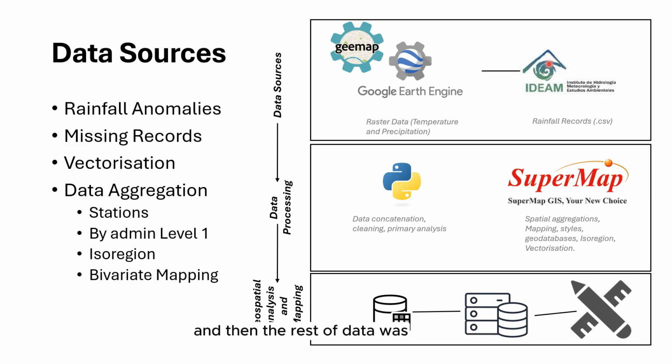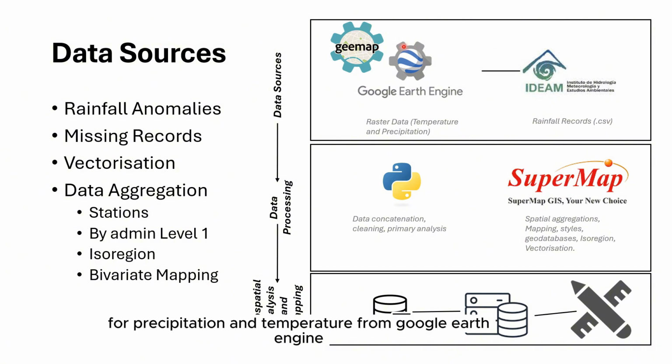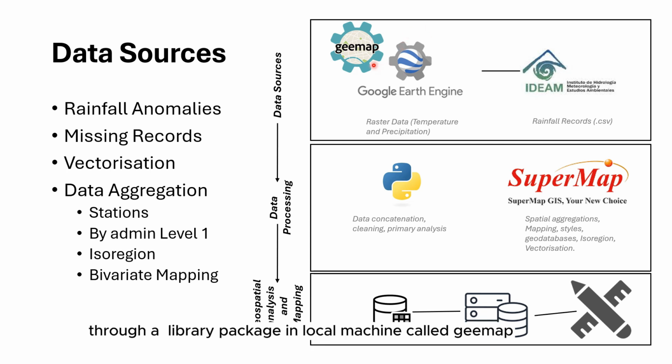The rest of the data was precipitation and temperature from Google Earth Engine through a local machine library called geemap. The main products were raster data representing temperature and precipitation at a scale of 5 kilometers per pixel.